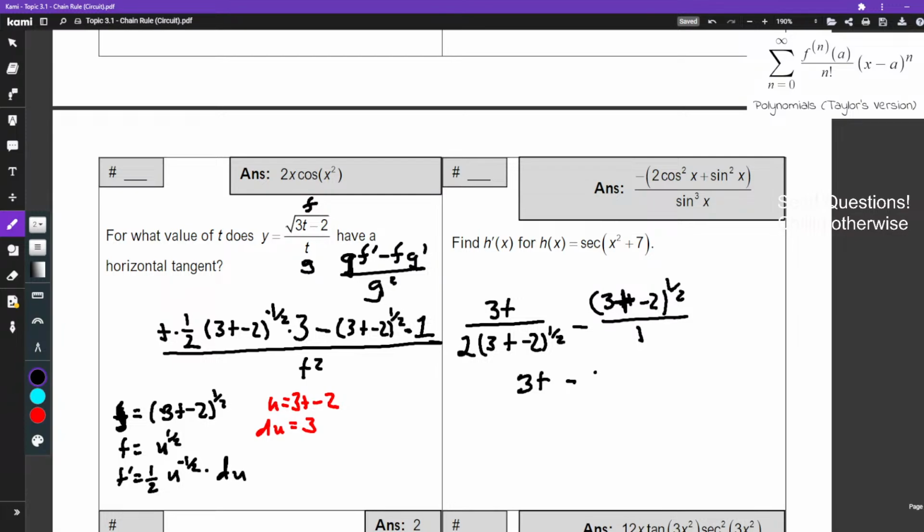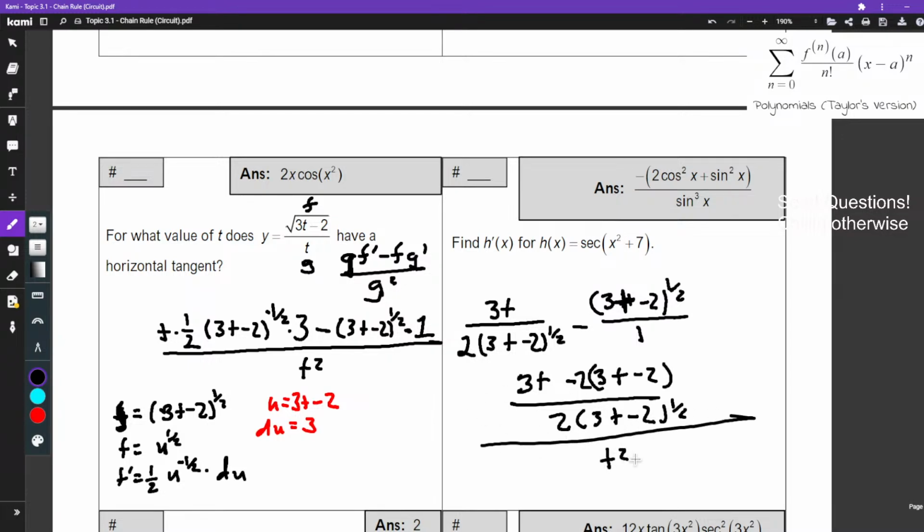So this is just going to be 3t minus 2, all multiplied by 2, all over 2 times 3t minus 2 to the 1/2, all over t squared. Algebraically, all of this goes down. So anything that's in the new denominator does not matter anymore. What does matter is this one up here.